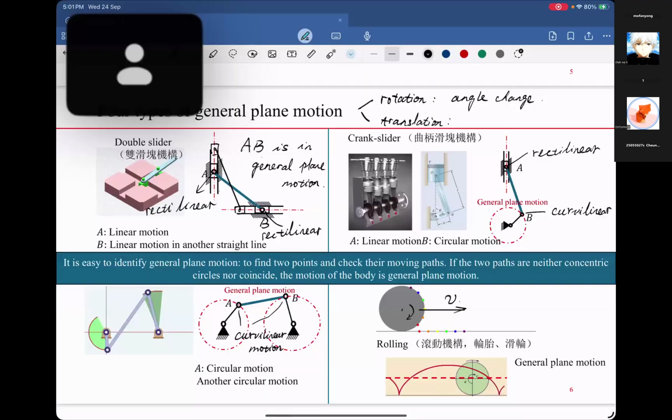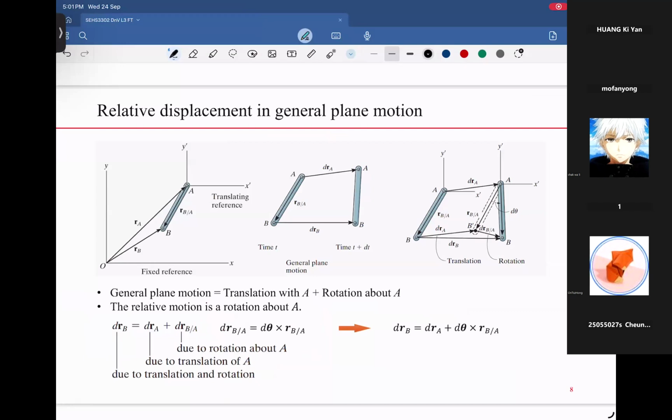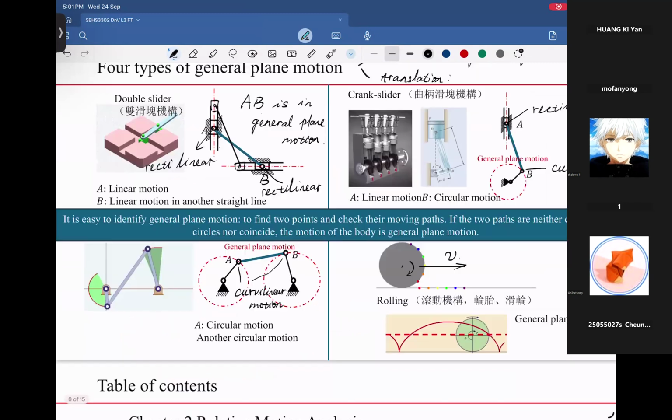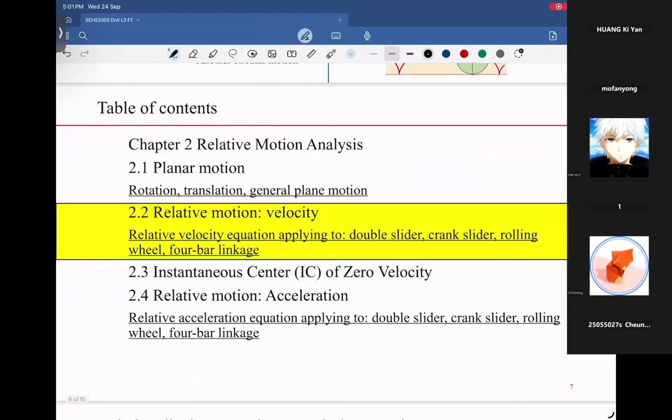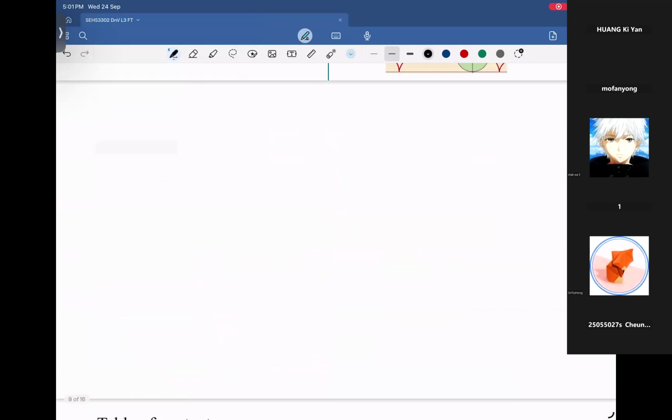So in such a general plane motion, what kind of problem are we going to solve? In general plane motion, we need another blank page.